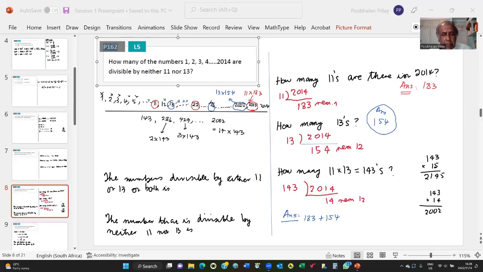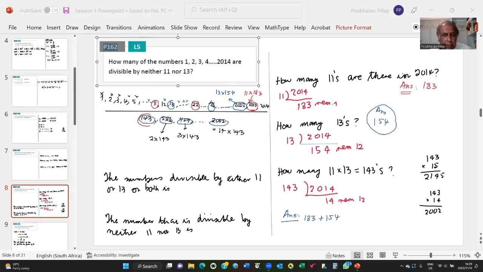Okay, but there's a problem, because you see, amongst the numbers which are a multiple of 13 is this. This is 13 times 11, and this is 13 times 22. This is 13 times 154. But this is also a multiple of 11, you see, because this is 13 times 11.